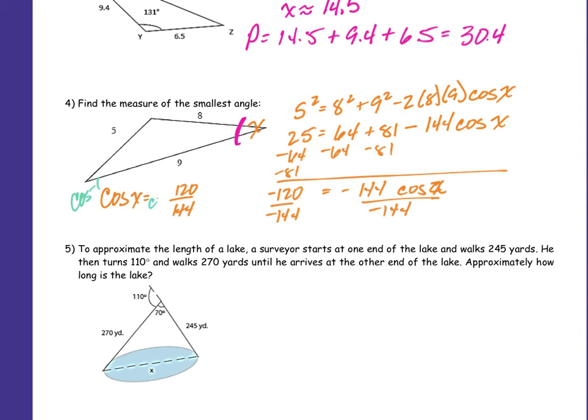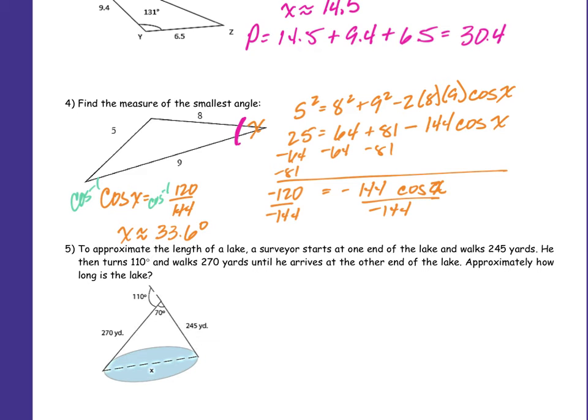Cosine inverse. So x is going to approximately be equal to cosine inverse of 120 divided by 144, which is 33.6 degrees.